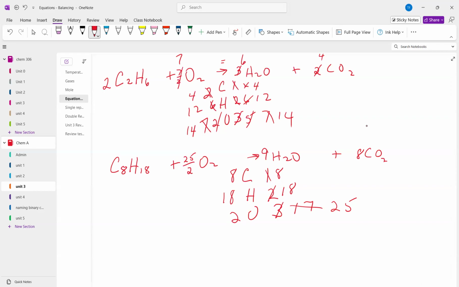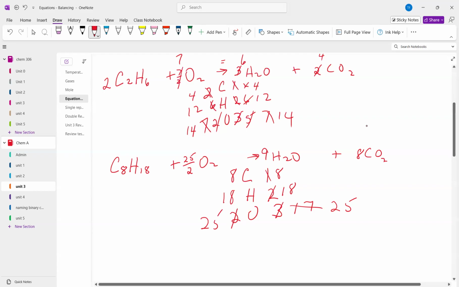We need 25 over 2. 25 over 2 times 2 gives us 25, the 2s canceling.